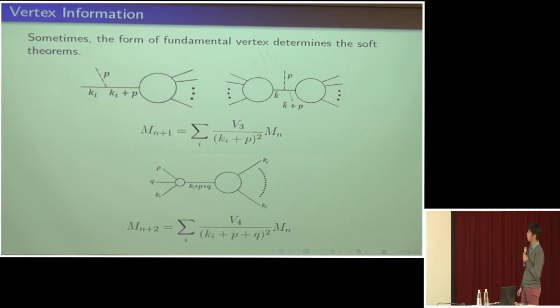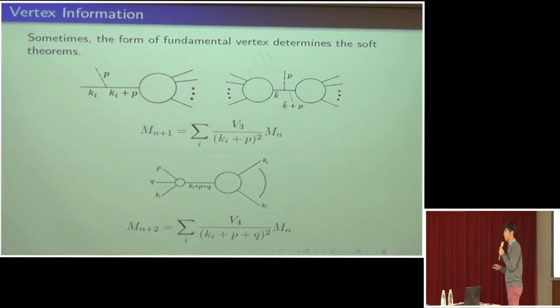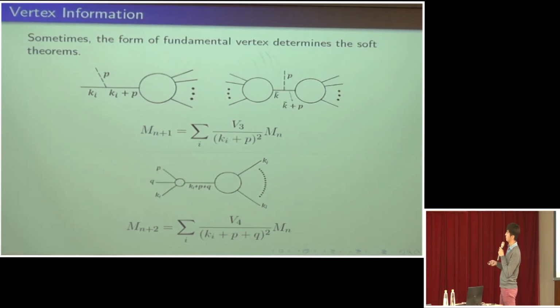So now you sum the right side diagram to the left-hand side. It's not clear to me, because if P is the photon, it's quite easy to understand, we have the Ward identity, but for the pion I'm not sure how. For the pion, the story is not like that.